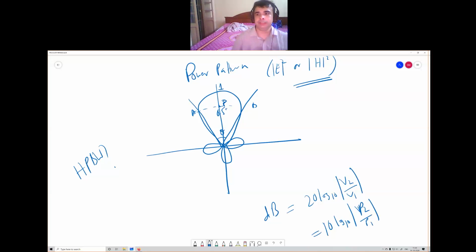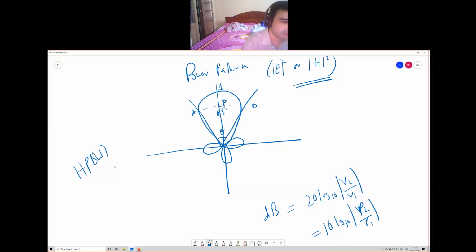So dB is the engineering way of giving the measuring ratios, and we usually measure the ratios of voltages or powers. For voltages, we take 20 log V2 by V1, and power is proportional to the square of the voltage, right? So in terms of power, we take 10 log P2 by P1.